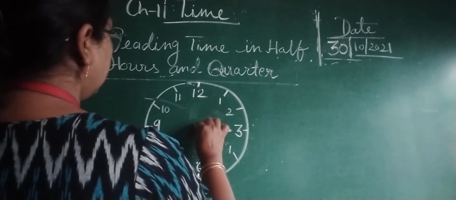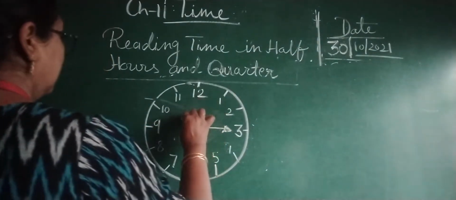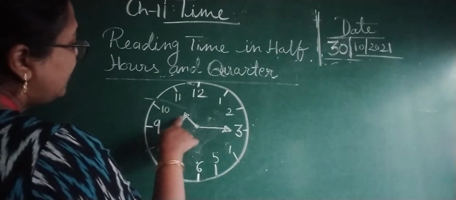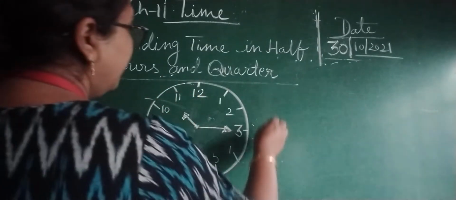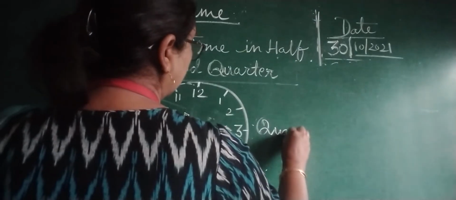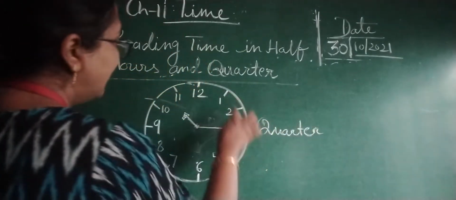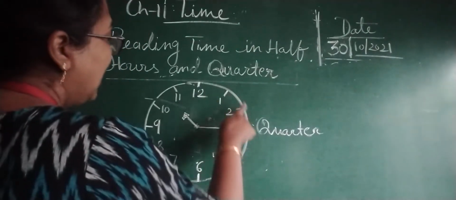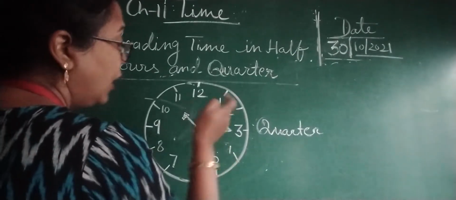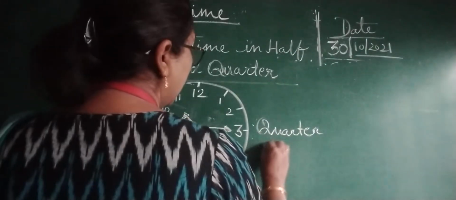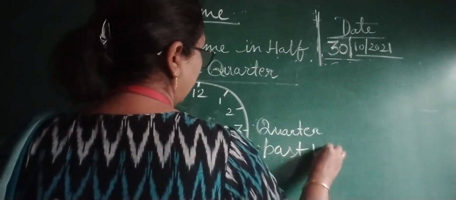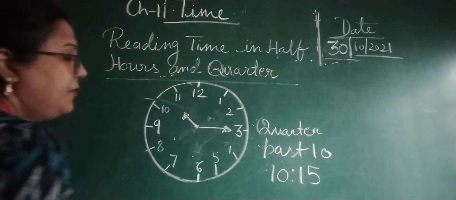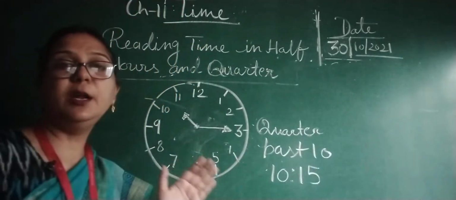So here if it is in between 10 and 11, this will be read as quarter past 10. It means क्वार्टर हो गया है, यानी half का half what is called quarter. सबको पता है, फ्रैक्शन में we have already done the half of the half part is called quarter. ठीक है. तो quarter past 10. It will be written like this, 10:15, यानी 10:15 हो चुके हैं.